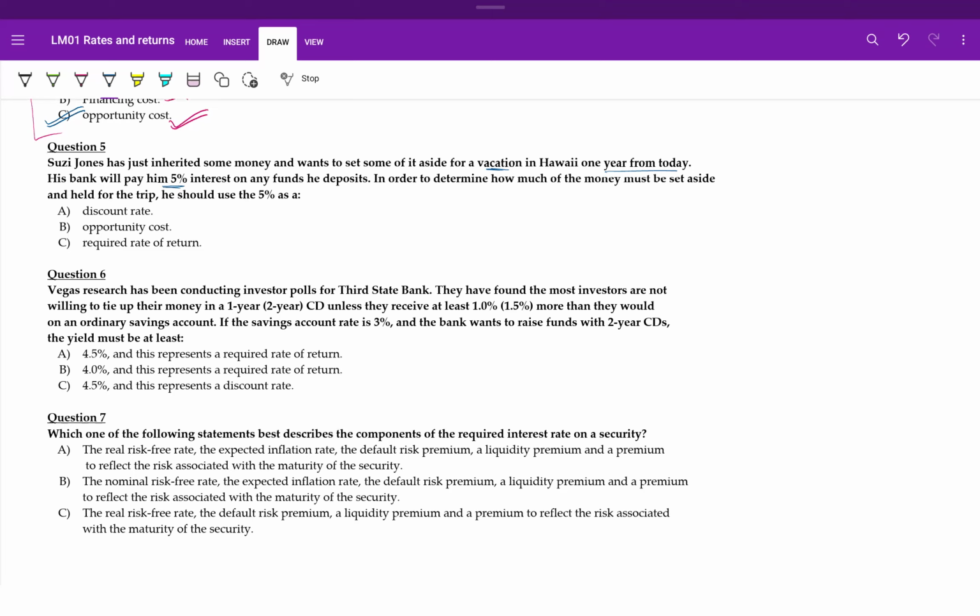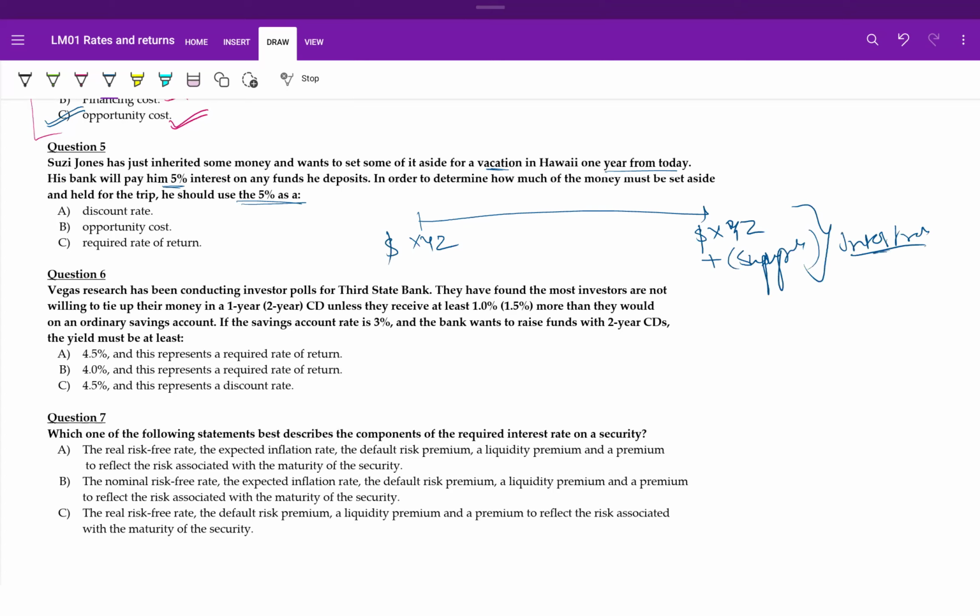In order to determine how much money must be set aside for the trip, she should use the 5% interest rate as what? Here we are talking about XYZ amount of money, plus some surplus from the interest rate.